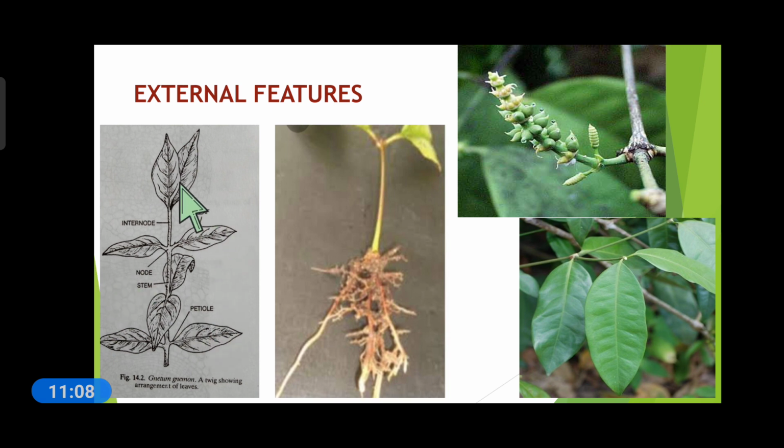So even in the same plant itself, the foliage leaves usually vary in size and shape. So that is all about the external features. Now in the next video we will talk about the internal morphology.